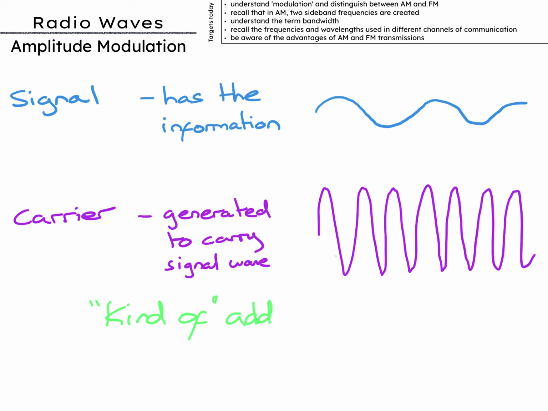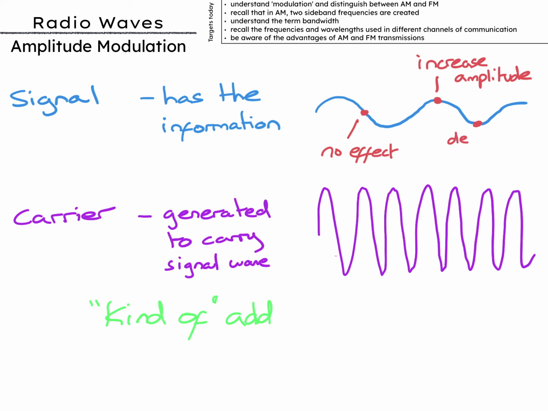When the signal wave is 0, the carrier wave is unaffected. When the signal wave is positive, the amplitude of the carrier wave is increased.